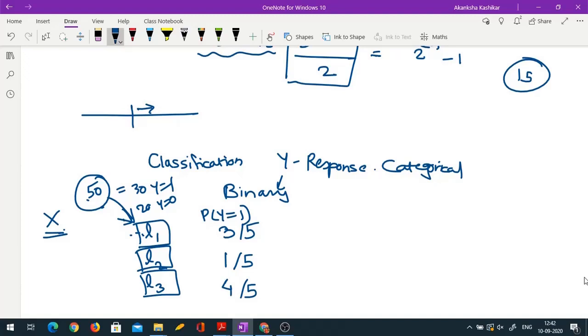Now what do we do? We arrange these levels in such a way that the probability of y equal to 1 is ordered, either decreasing or increasing. So if I want decreasing, I would have L3, then L1, then L2. Because L3 had the highest probability of y equal to 1, L1 had the second highest, and L2 had the least.